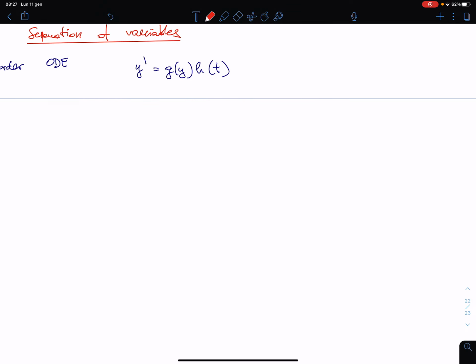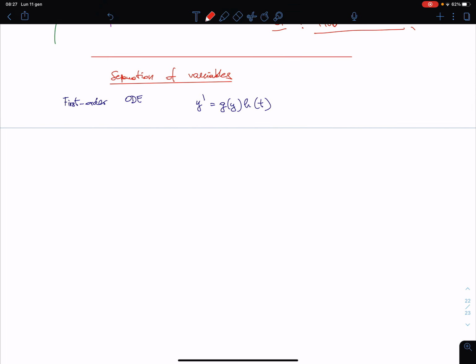This is very important. This is the product of two functions: a function which is of y only, and a function of t.